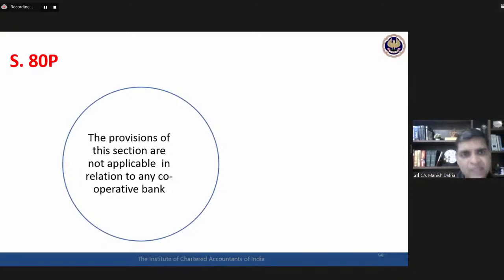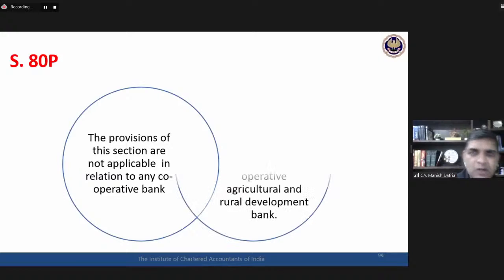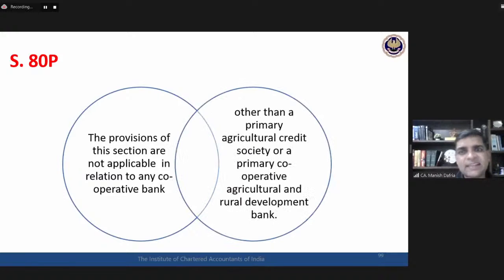Law has said very, very clearly that in respect of a cooperative bank, all these deductions would not be available, except that the bank will not include primary agricultural credit societies, what is called PACS, or the rural development bank. They will be entitled for 80P deduction. For all other cooperative banks, 80P deduction would not be available. Okay.